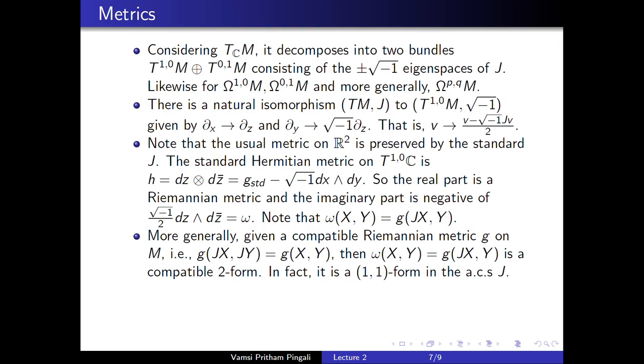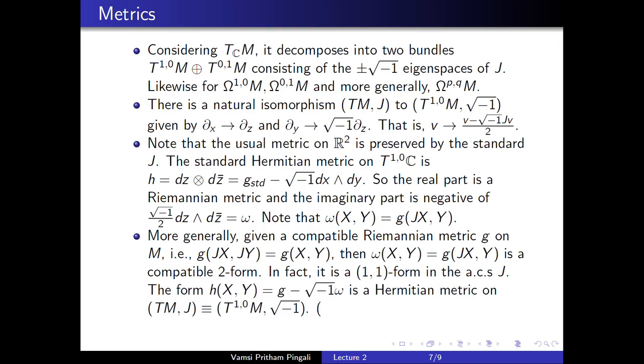If you feed in 2 0 1 vectors, you're going to get 0. So only if you feed in vectors of opposite types will you get non-zero numbers. Right. So this particular formula defines a Hermitian metric on this complex vector bundle, which is the same as this complex vector bundle. Just like this.